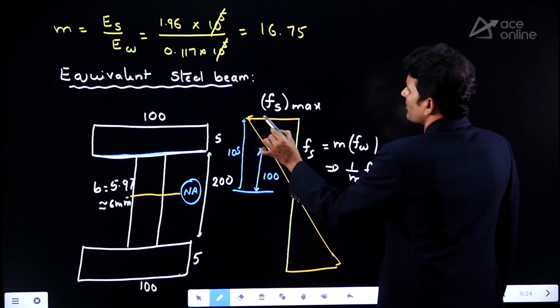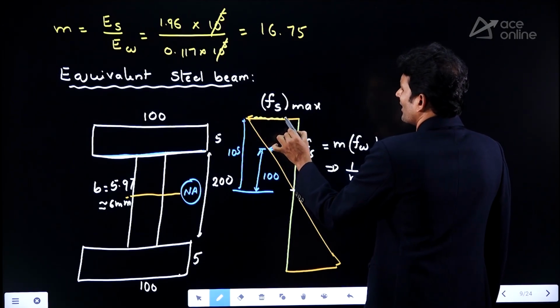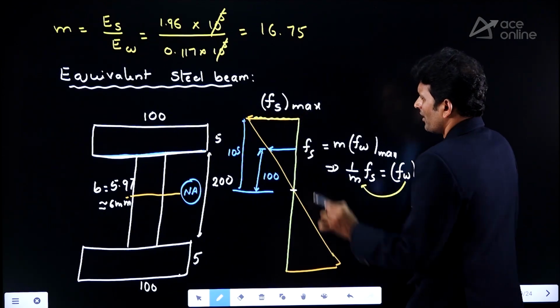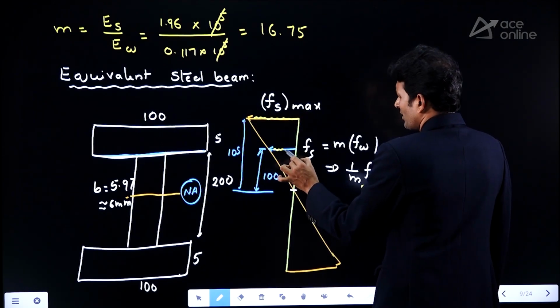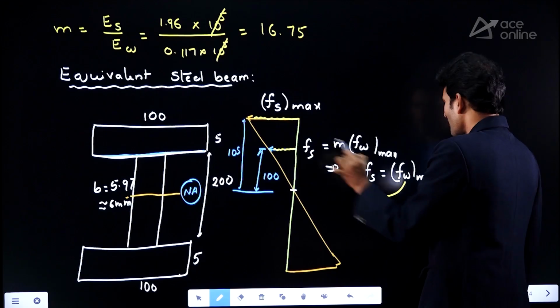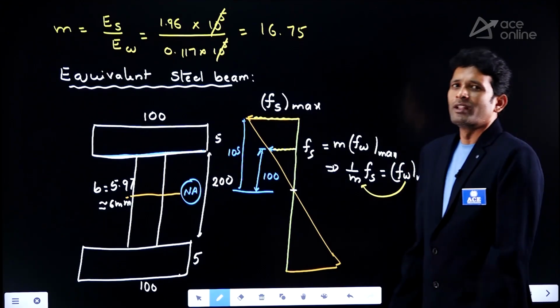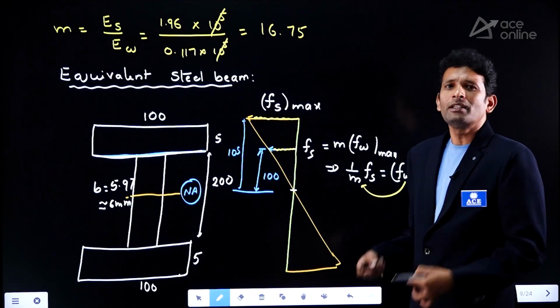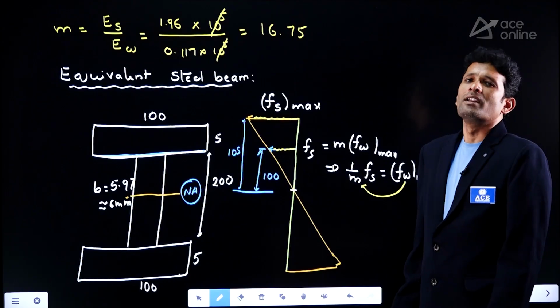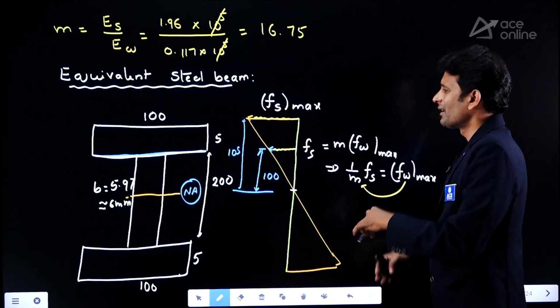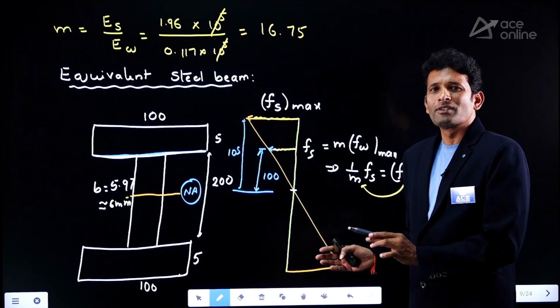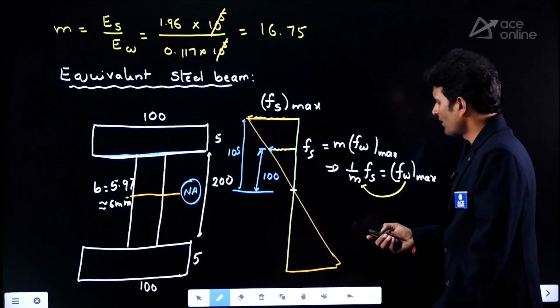I know the permissible stress for the steel at this layer, maximum stress. With respect to this value, I try to find out the stress at this layer, but that stress I am writing in terms of wooden section. That value I am comparing with the permissible stress of the wooden section. If this value is lesser than the permissible stress of the wooden section, then it is good for us, right?